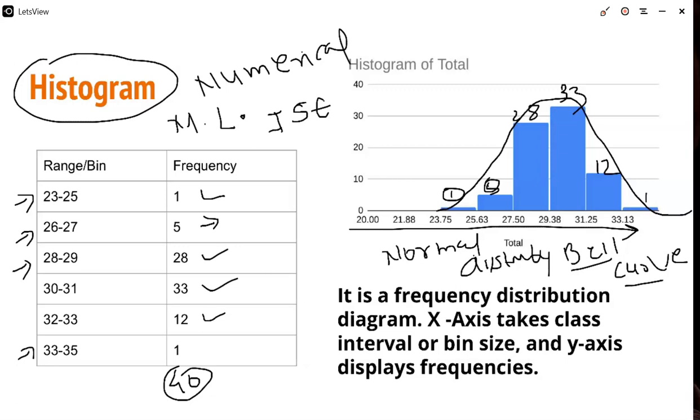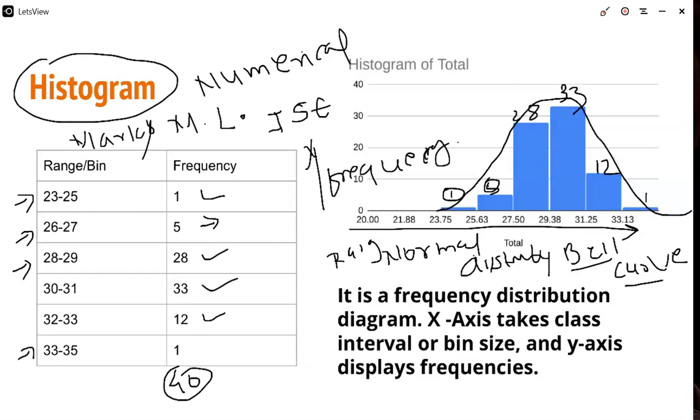Here the numerical variable that we have used is marks, and the marks of the students fall in these ranges. On the y-axis, the frequency or the count is plotted. So this is the purpose of the histogram.